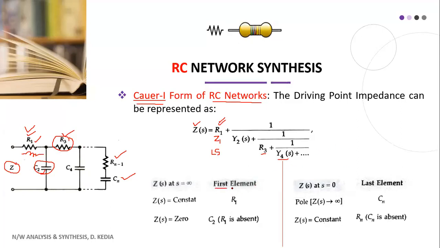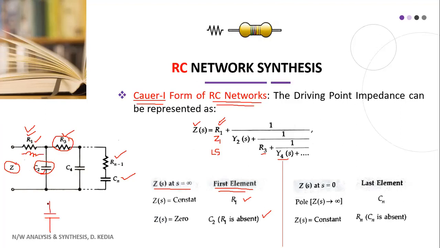Now, how to identify the first element. For the Cauer 1 form of RC network, the first element will be either R1, as we are showing here, or, if R1 is absent, the first element will be C2. If R1 is absent, your network will look like this.